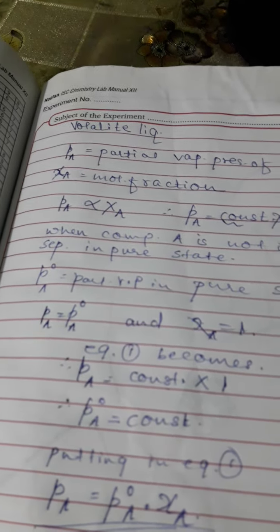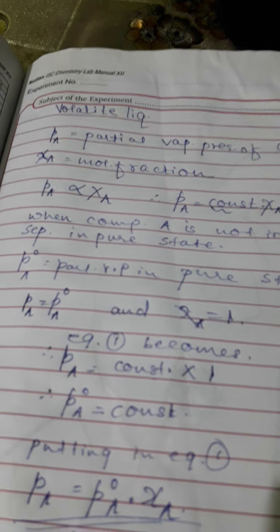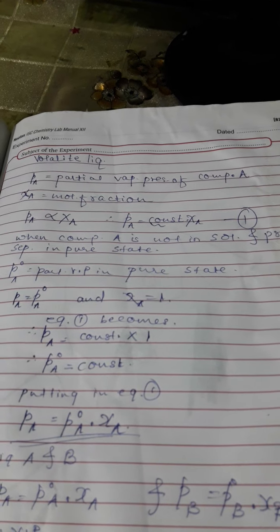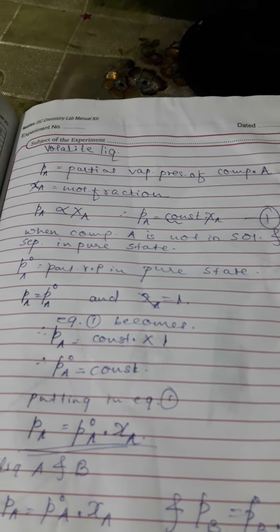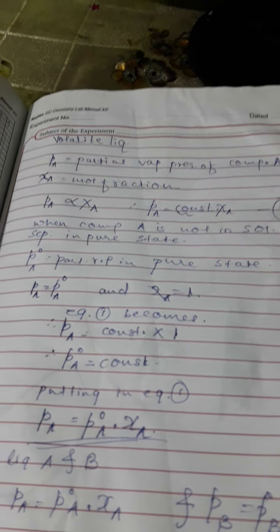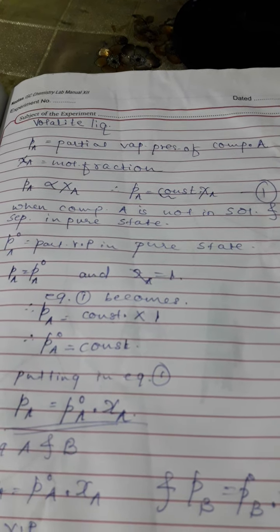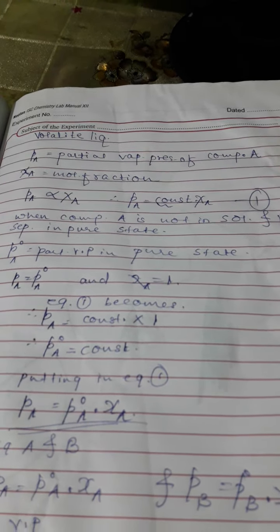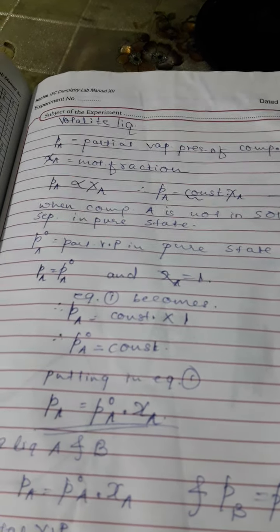Therefore, p_A is equal to P°_A. The partial vapor pressure of component A in the solution will be equal to the partial vapor pressure of component A in the pure state. Therefore, equation 1 becomes p_A is equal to constant times 1. Therefore, P°_A is equal to the constant. So the constant is nothing but P°_A. Putting this value, constant equal to P°_A, in equation number 1, we get that p_A is equal to P°_A times χ_A.